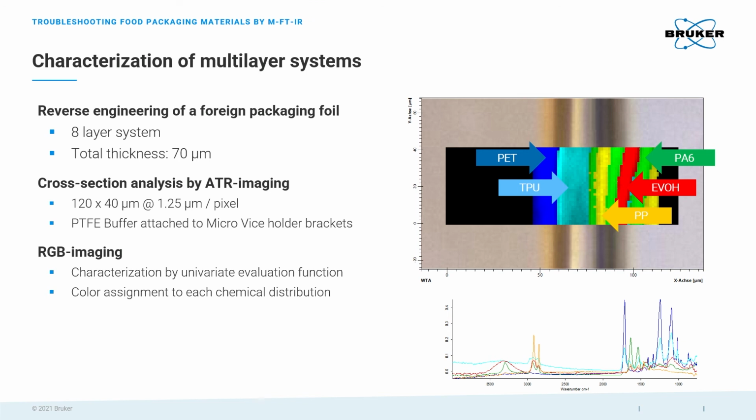But this is also a very nice example to see how versatile this kind of technique is, ATR imaging or IR microscopy in general, that even the smallest layer, and even if the layer is of a different polymeric identity, could be analyzed successfully with this technique.